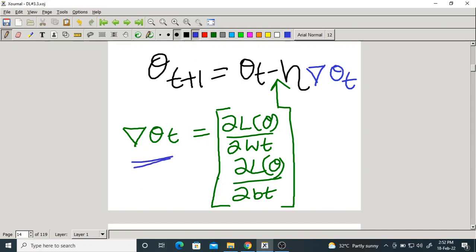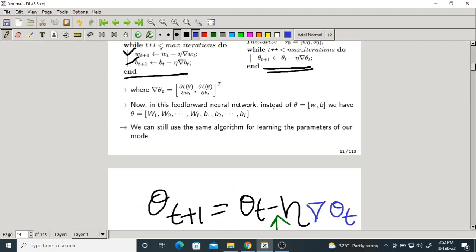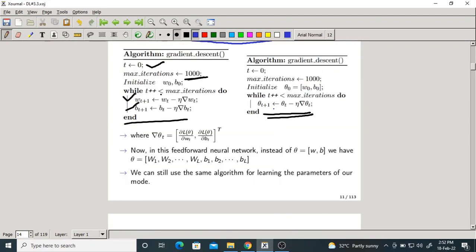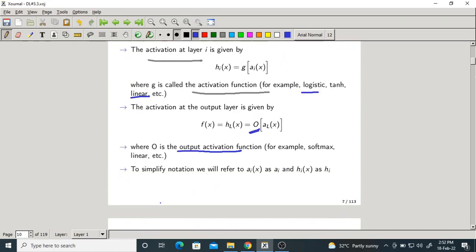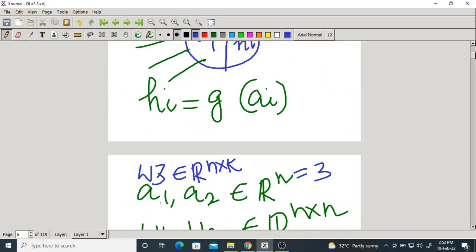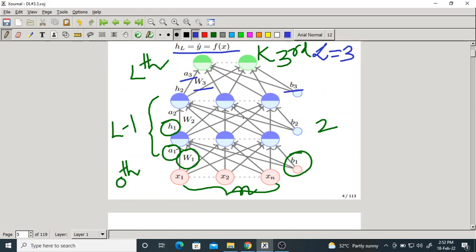So it is very simple, because theta has only two parameters, that is w0 and b0, or w and b. Okay, but in our neural network, what is theta? What are the parameters we have to learn? How many? All these parameters we have to learn. What are they? w1, w2, w3, a1, a2, a3, and b1, b2, b3.